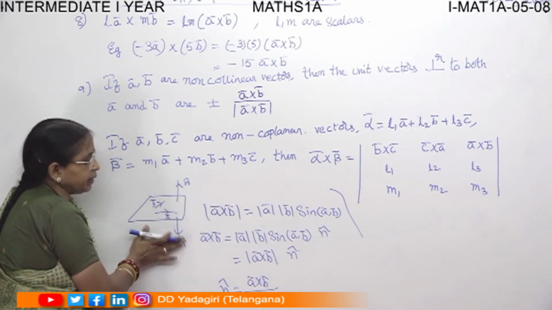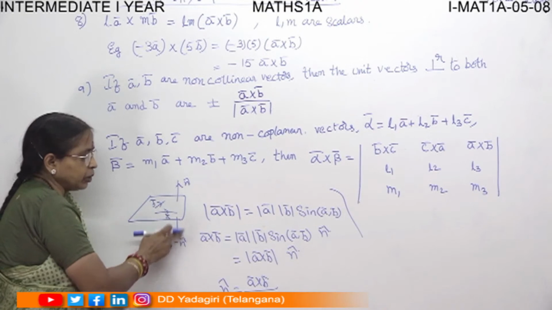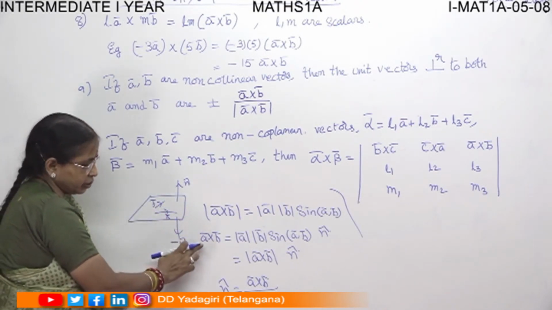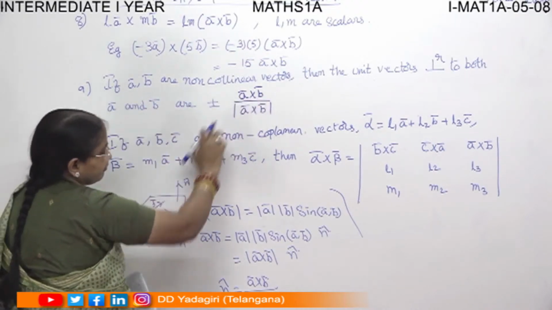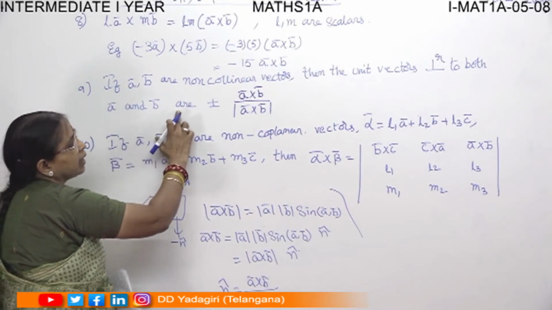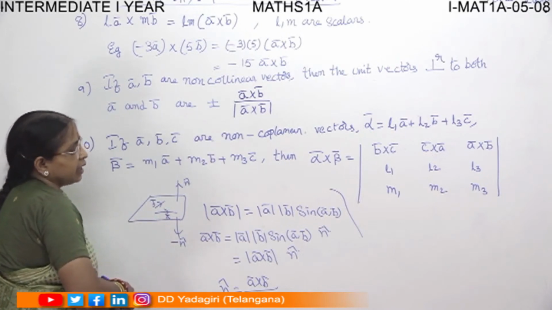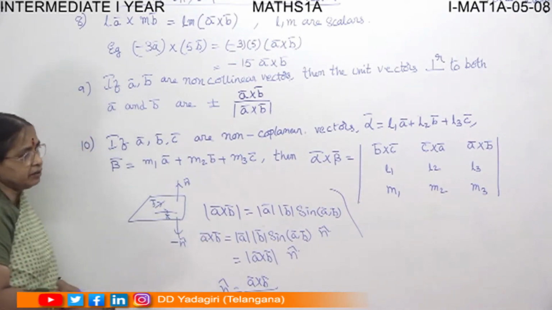It is also perpendicular to both A and B. So plus n cap and minus n cap, both are the vectors perpendicular to A and B. So you have the formula, the unit vectors perpendicular to both A and B are plus or minus n cap, that is plus or minus A cross B by mod of A cross B. This is how we derive.